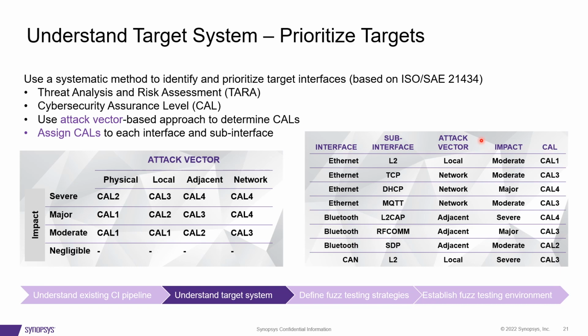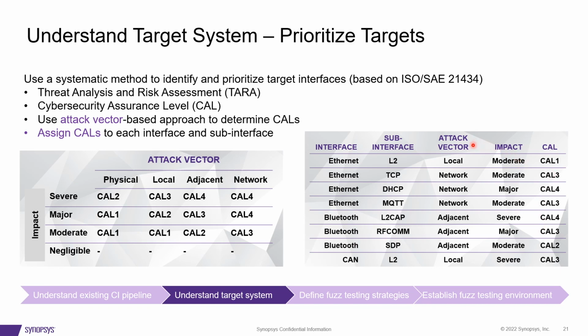And then we have the attack vector as well as the impact. It's important to note that the impact would depend on where this application or software would run in the end. But just as an example, we have inputted different impacts here to get an idea of what can occur if an attacker is able to successfully attack that particular interface.